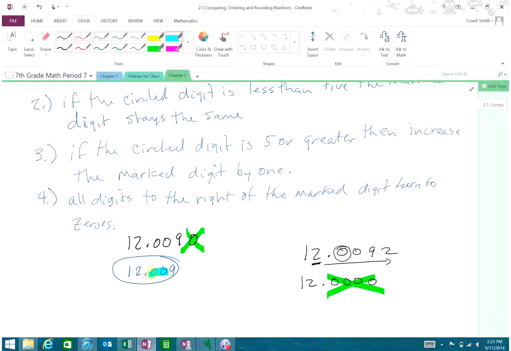So I can't mark them out here, but I can mark them out here because they don't have any effect. If there was, by chance, a 1 right there, then I would have to keep all those zeros.